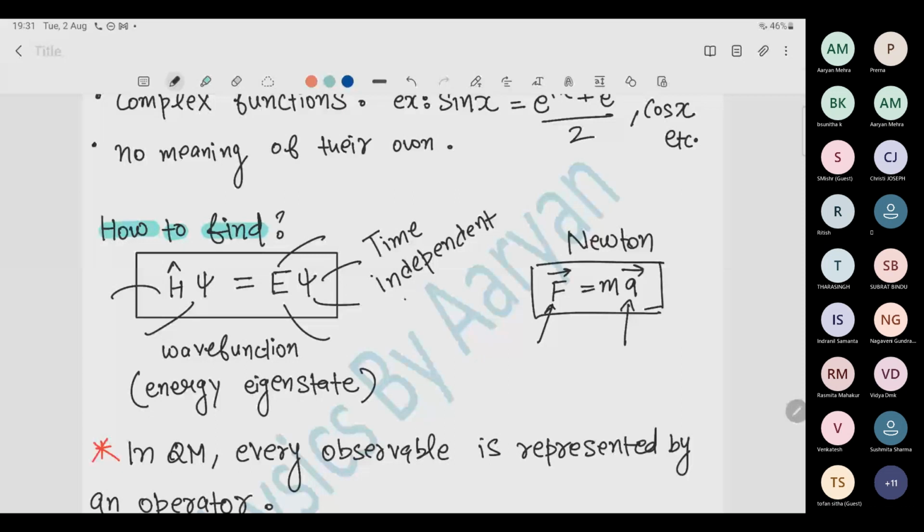So let's dig in. Then we described all the terms in this energy eigenstate equation, and we said that this H cut is actually an operator. What is an operator? Then I defined one more statement, that in quantum mechanics every observable is represented by one operator. Similarly, the momentum will have some operator, energy will have some operator, and so on.